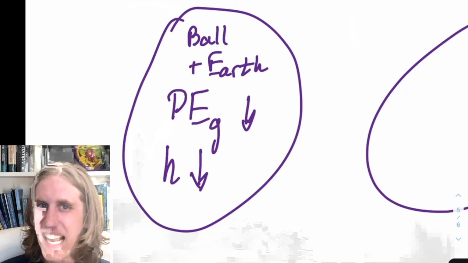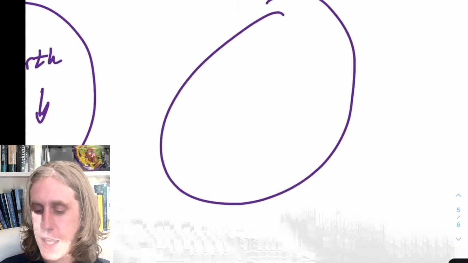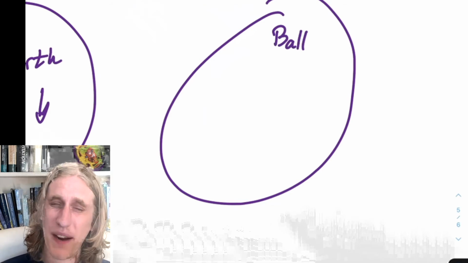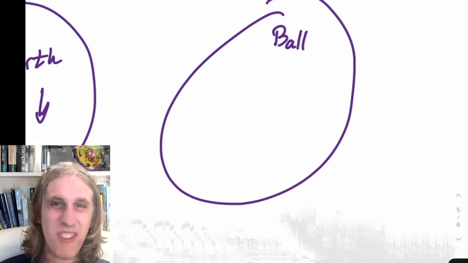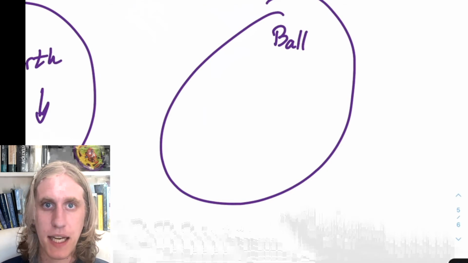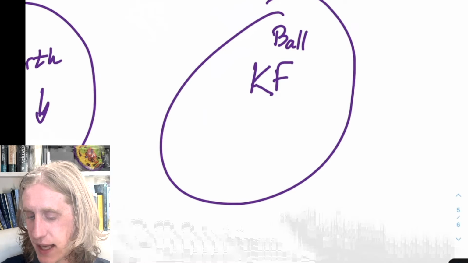What about the kinetic energy, though? The kinetic energy is the energy that the ball has due to its speed. Unlike with the gravitational potential energy, the ball doesn't need the Earth in order to have kinetic energy. It just has kinetic energy because it's moving. We represent kinetic energy with a big KE, like this.